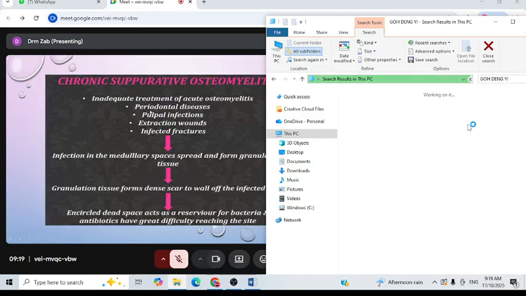So chronic suppurative osteomyelitis is a result of inadequate treatment of acute osteomyelitis. Okay, this will result in the formation of sequestrum and then granulation tissue, scar formation to wall off the infected area. Okay, that is how the body responds to chronic infection.